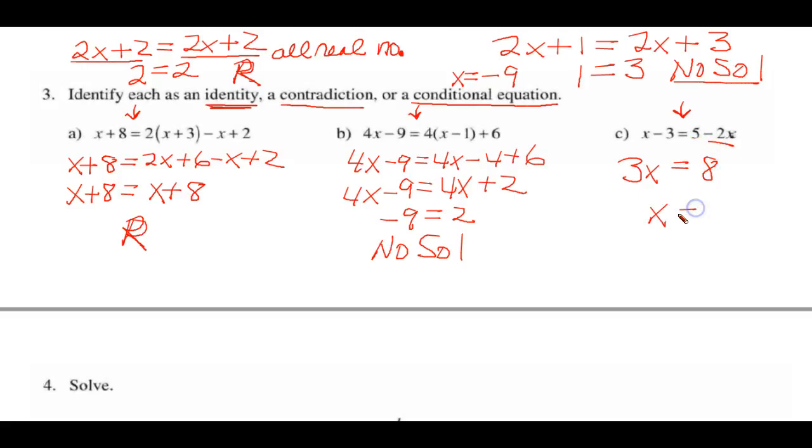So we get x equals, now we're going to divide both sides by 3. We get x equals 8/3. So this is a conditional equation. When you have this value, 8/3, it makes this equation a true statement.